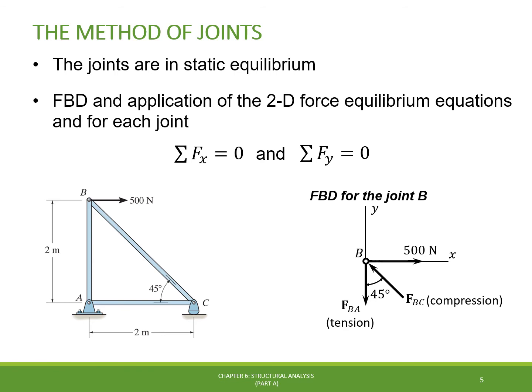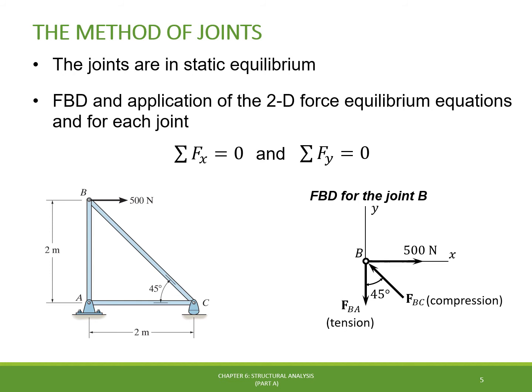Those two forces are to be determined by the solution of the two force equilibrium equations. But now the question is, how do we know the sense of FBA and FBC before solving the equations of equilibrium? Well, in this example here, we can determine it by a simple inspection on the free body diagram.